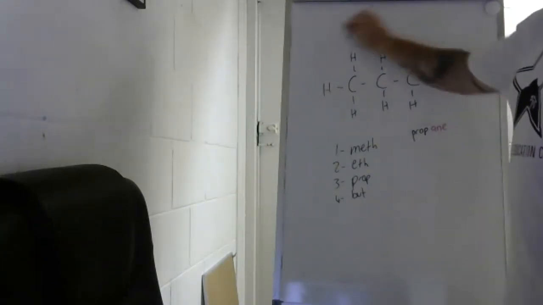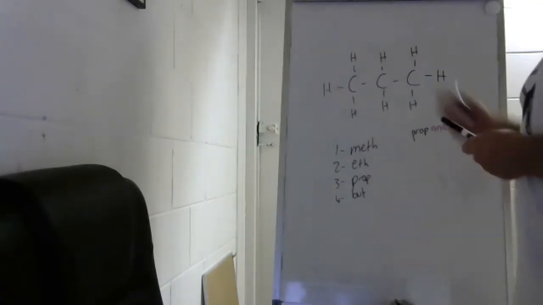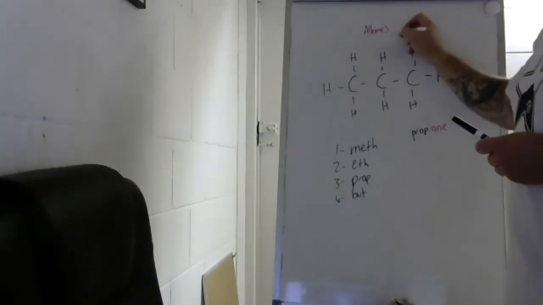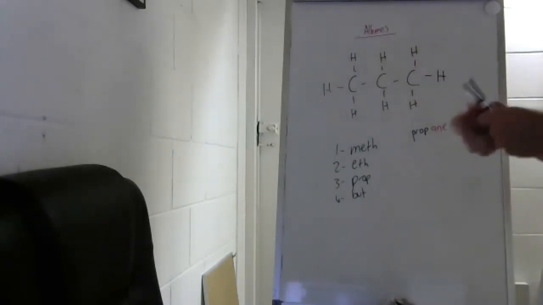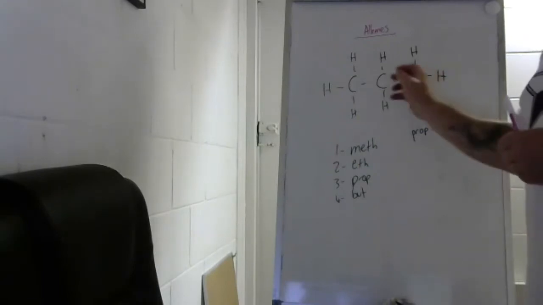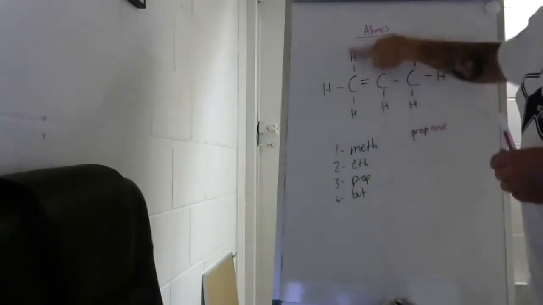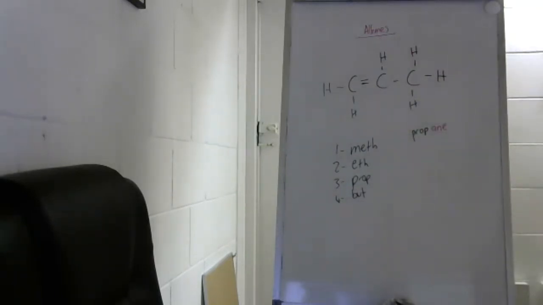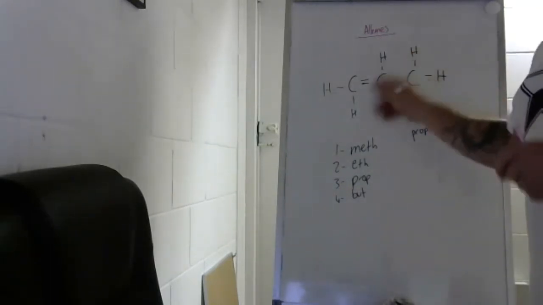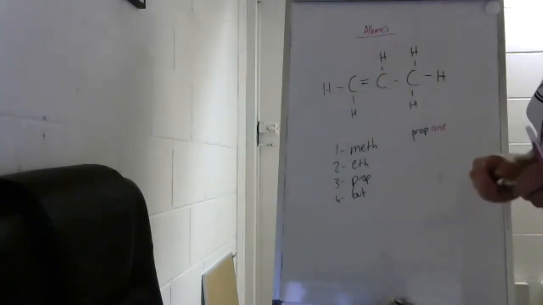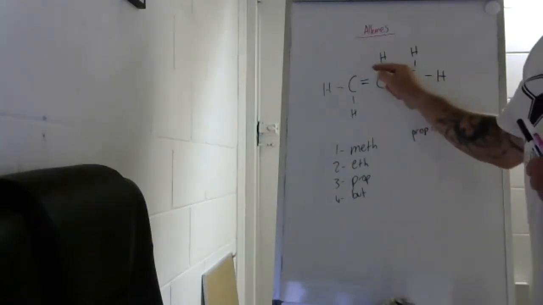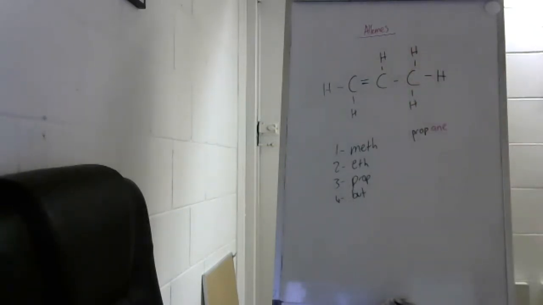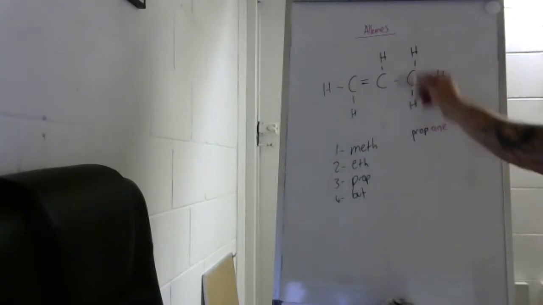So the next one we look at is the alkenes. We know there's an alkene by the presence of a double bond. And we get rid of a couple hydrogens. Now the reason we have to get rid of hydrogens is each of these lines is a pair of electrons. The octet rule states that the carbon is full in its outer shell when it's surrounded by 8 electrons.